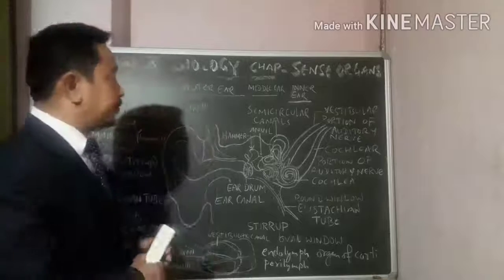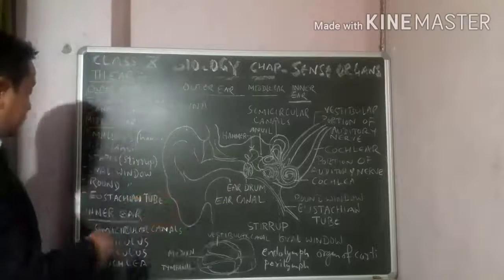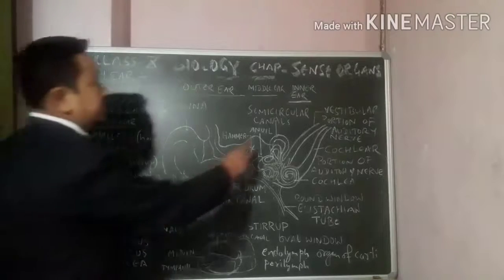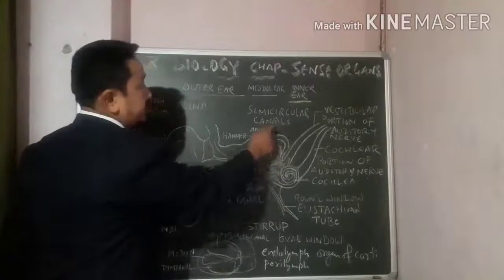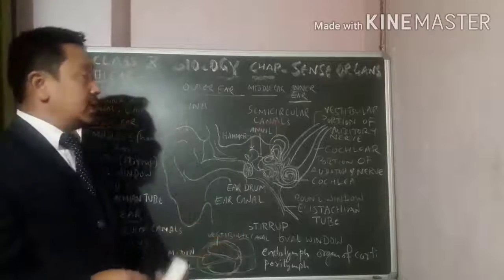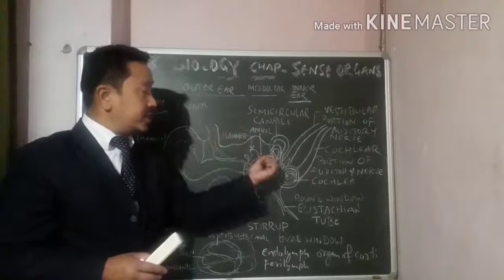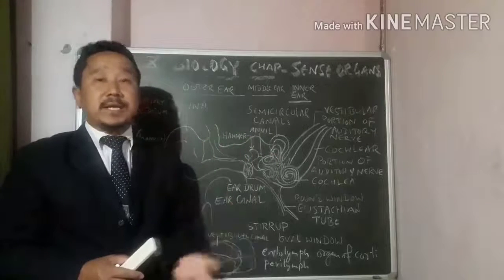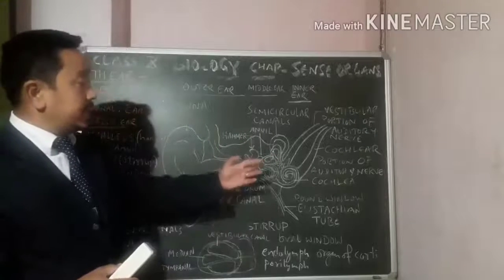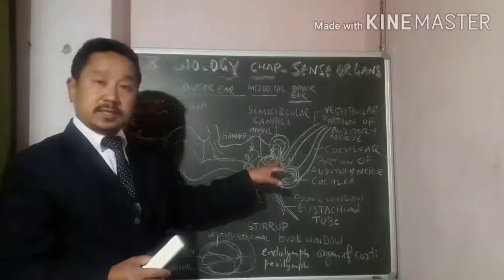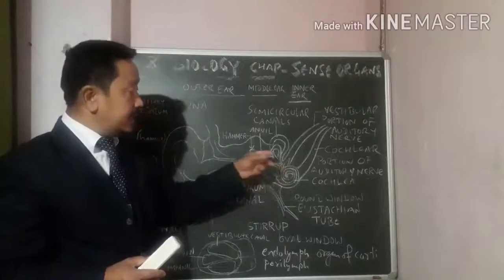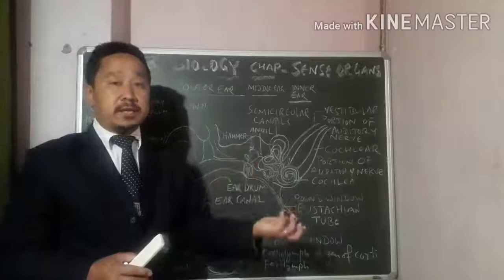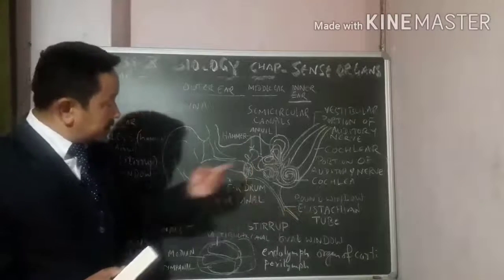Then another part of your inner ear is your semicircular canals. Here, semicircular canals, which are three canals out here, arranged at right angles to each other in different planes. You see here, they are all arranged at right angles to each other.